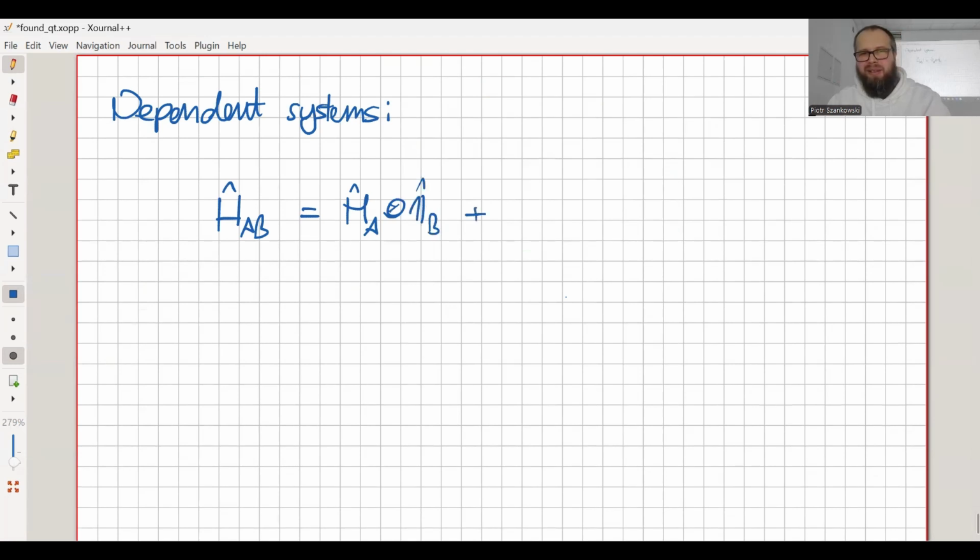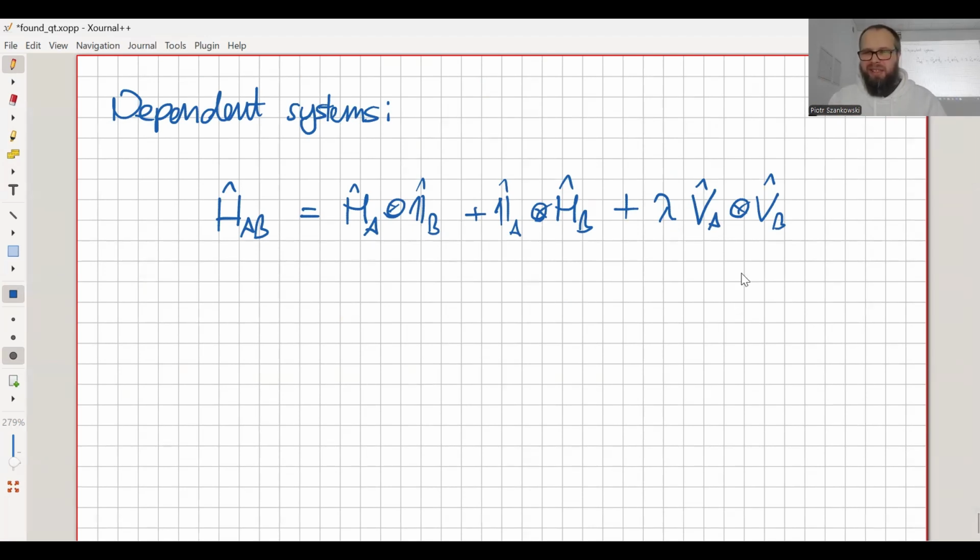So this would be a part that doesn't correlate systems. Plus, for example, you could add an operator of this form, where V A and V B are some Hermitian operators, so that the product is also Hermitian, so that it can be a part of a Hamiltonian.